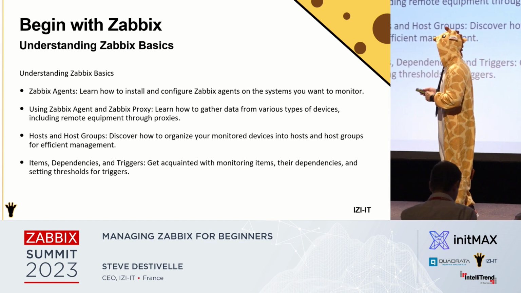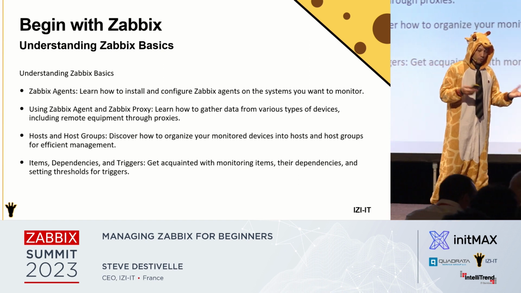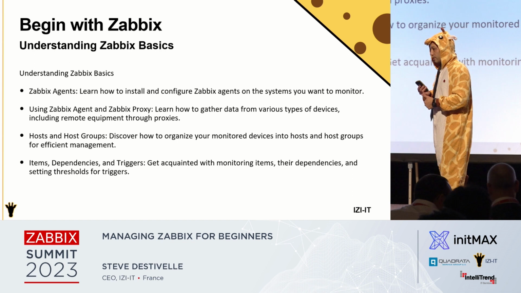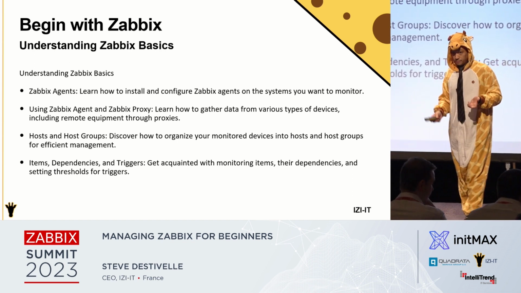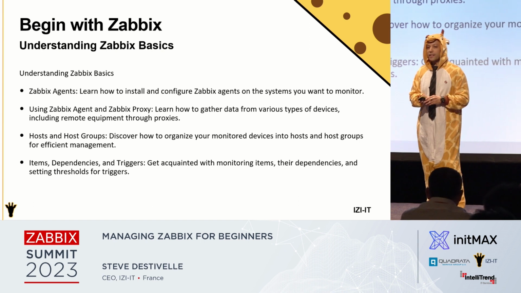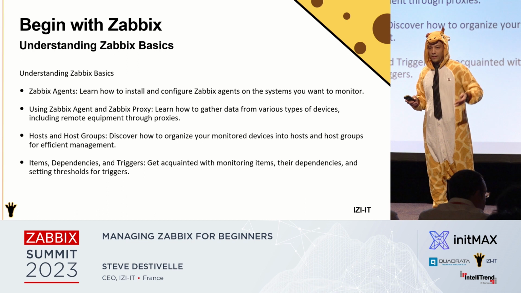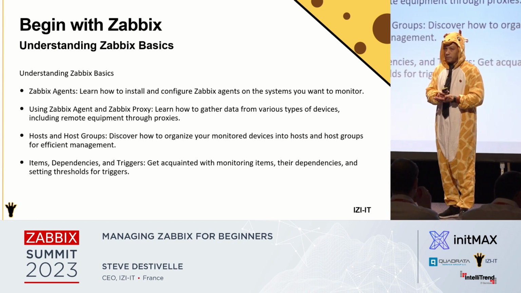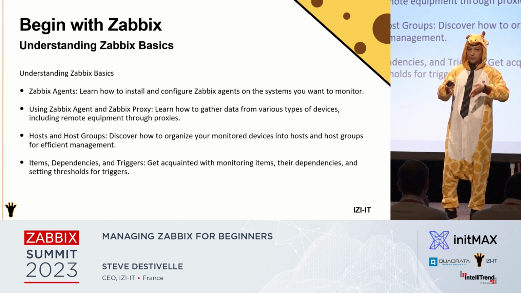After that, you need to focus on host and host group. Host is not complicated. This is a device that you want to monitor, a Zabbix agent, a network device, for example. But regarding the host group, you have to think about how to create it, because this is an essential component in your front end, in your structure.